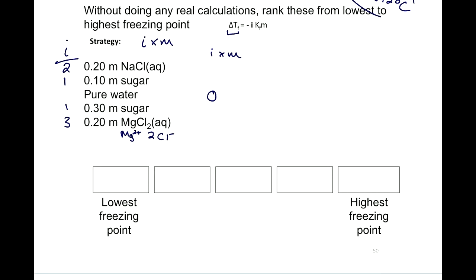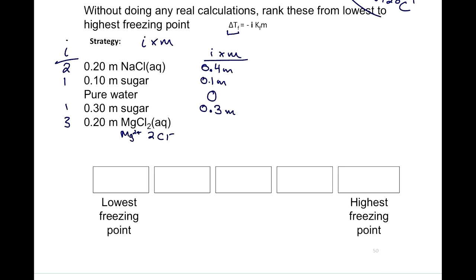So we're going to take the i and multiply it by the molality that's given in all of these examples. And so for that NaCl, the first one, there is a total of 0.4 molality of particles present. For sugar, it's 0.1 because the Van 't Hoff factor is just 1. For the 0.3 molality sugar example, it's 0.3 because this is a slightly more concentrated solution, but i is still 1.